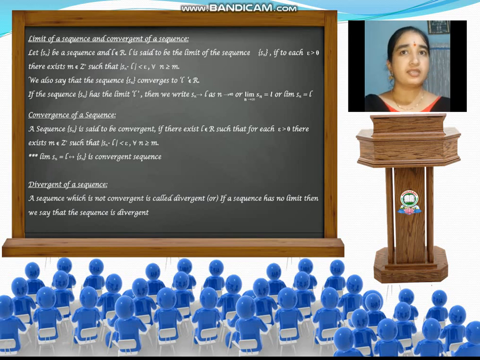We also say that the sequence Sn converges to L belongs to R. If the sequence Sn has the limit L, then we write Sn tends to L as n tends to infinity, or limit Sn is equal to L.